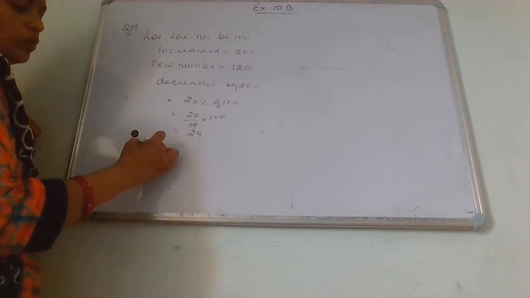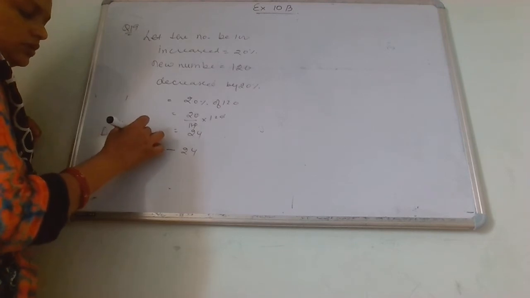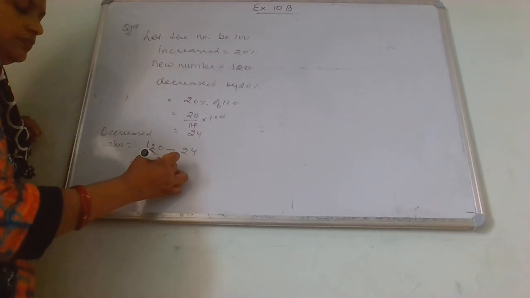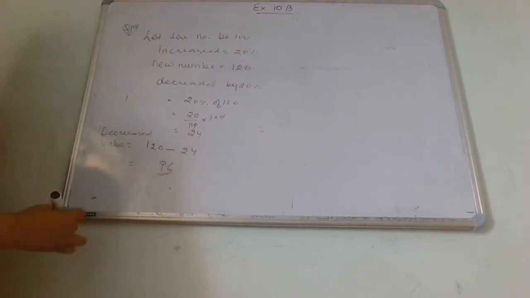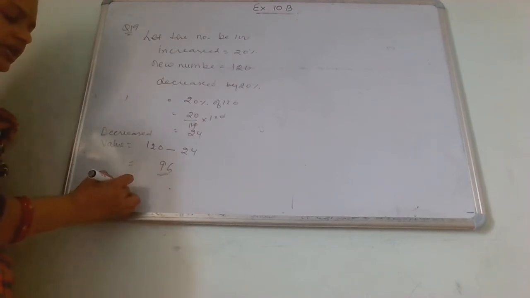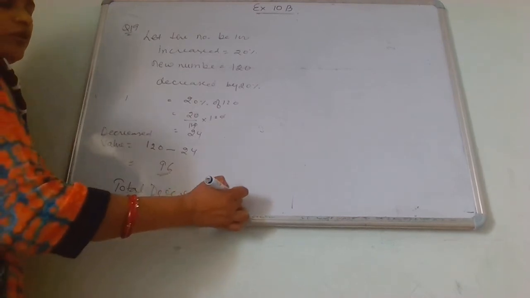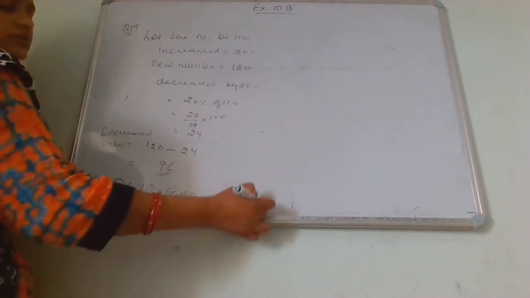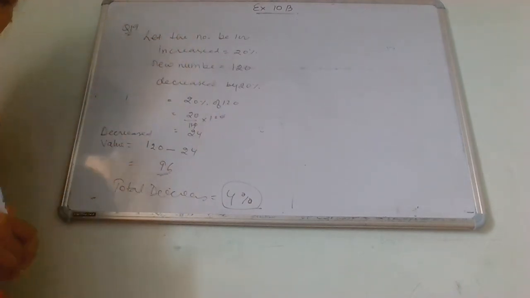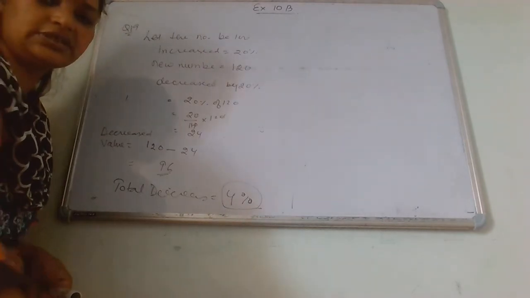So you will decrease 120 minus 24, the decreased value, which is equal to 96. So how much is the decrease from the original value? 4. So the total decrease is equal to 4%. Okay, because from the original it is decreased by 4. So that's why it is decreased by 4%.